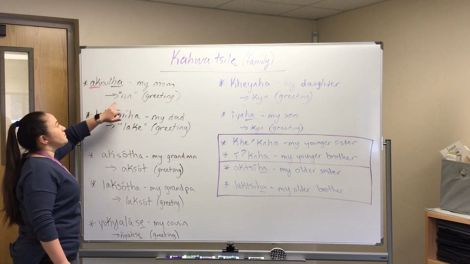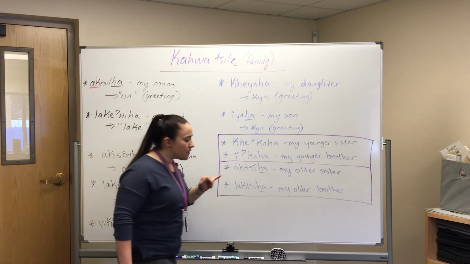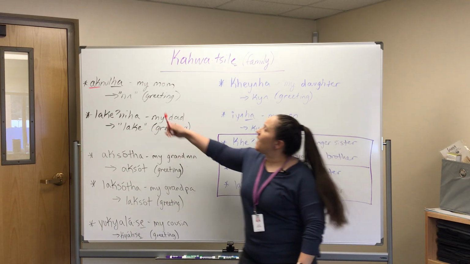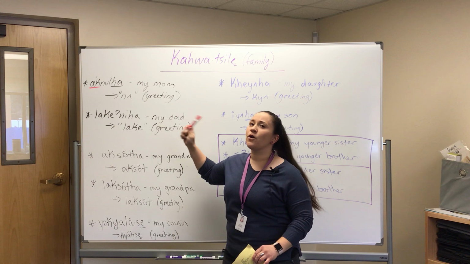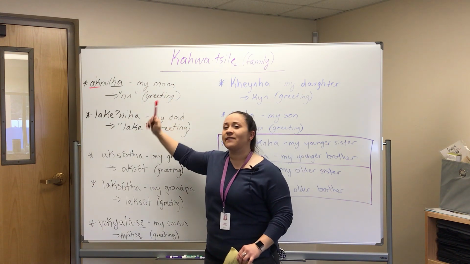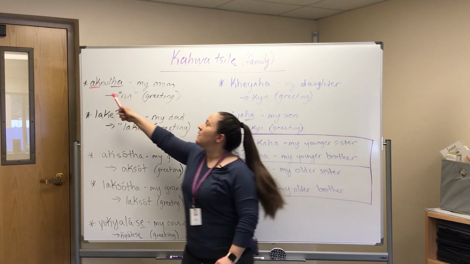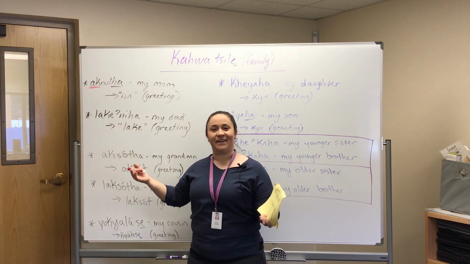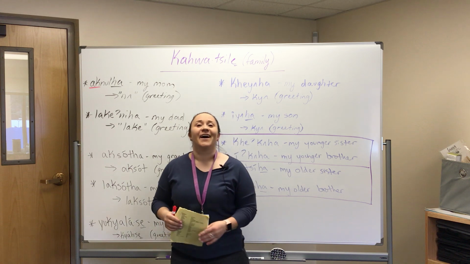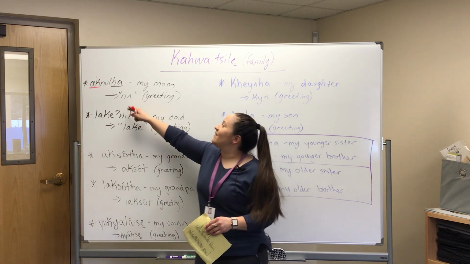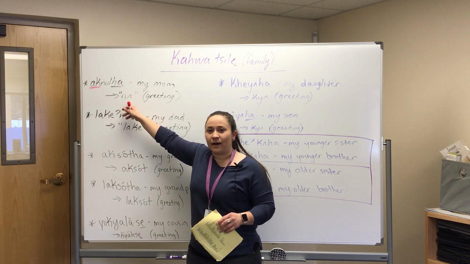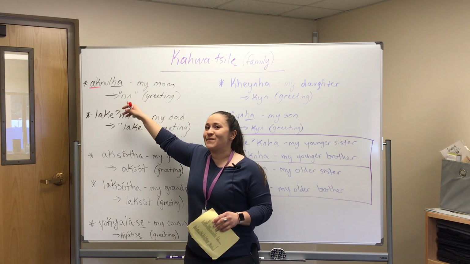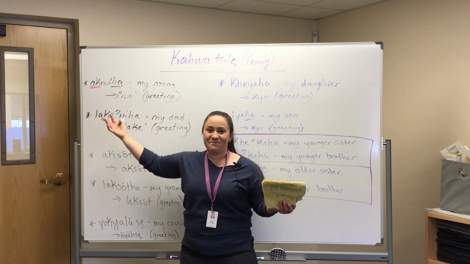Agnoha is my mom. There's also greeting forms for most of these family kinship terms. Na is the greeting form of agnoha. I would say agnoha is maybe a more formal way to use the word. And na is like in English, if you say hello mother, but you might more say something abbreviated or shortened, like mom or ma or mommy or mama.